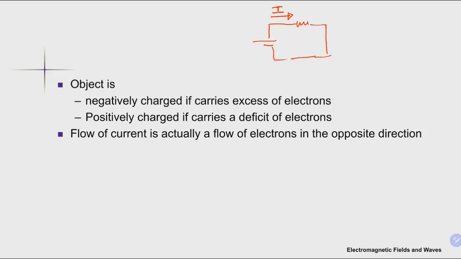You think of current as if a positive charge is flowing around the circuit. But as I said, positive charge, the proton, doesn't move. It's the electrons that move. The electrons flowing in the opposite direction give rise to what we call the current flow in your circuits.